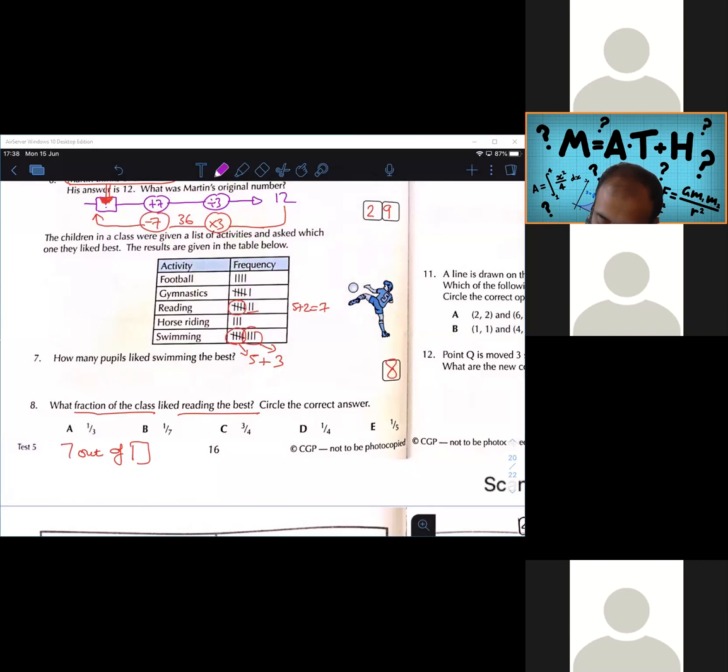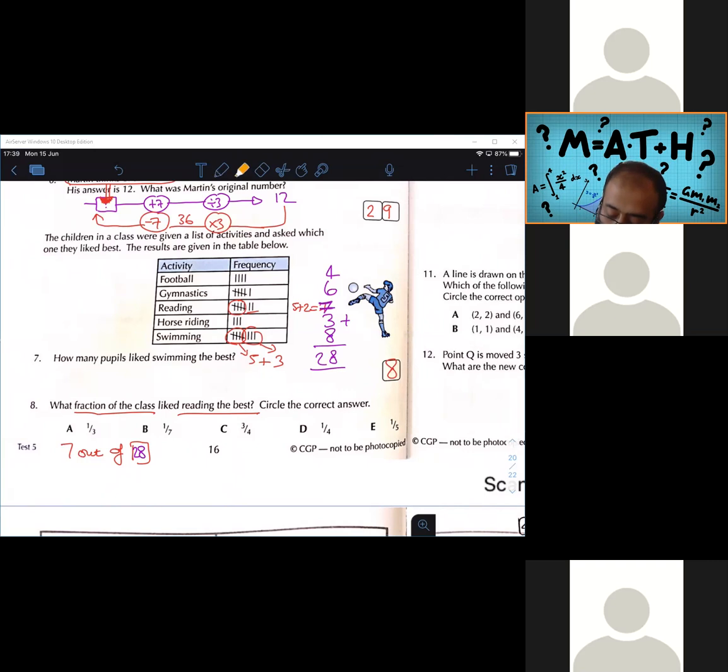So we have 4, we have 5, 6, 7, we have 3, and we have 8. And we've got to add them up for question number 8, sorry. So if we add up all those numbers, we get an answer of 28, including the 7. So 7 out of 28 like reading.